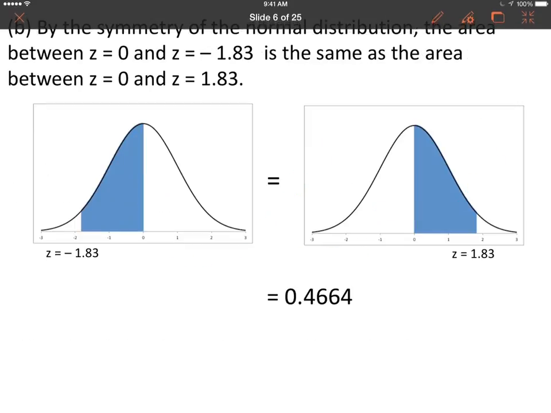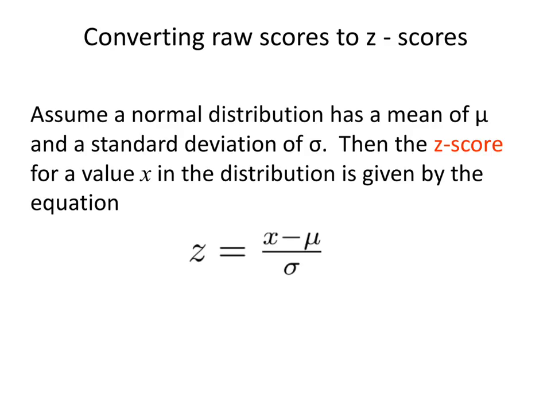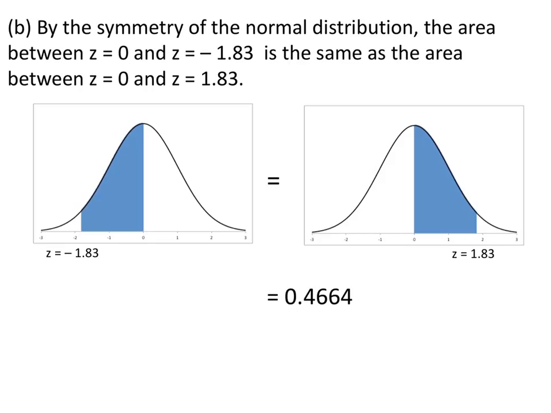All right, the next one that we want to do is finding the area between z equals negative 1.83 and z equals 0. Well, by symmetry, that's always going to be the same as the area between 0 and positive 1.83. And positive 1.83 we can find in our table. Go ahead and look in your own table.